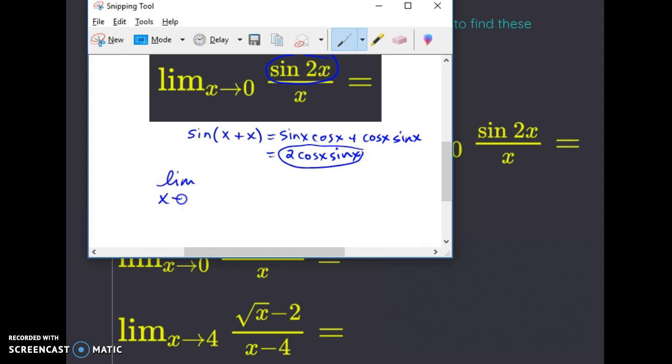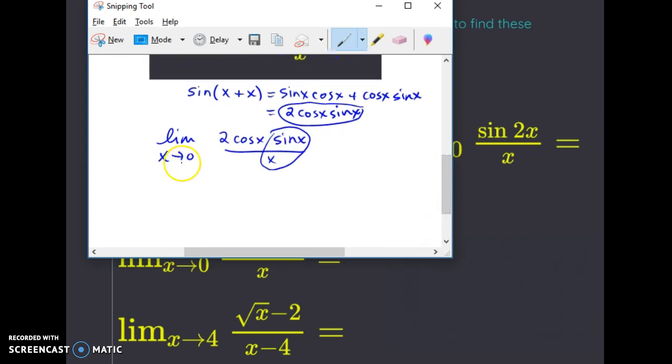I have the limit as x approaches 0 of 2 cosine x sine x over x. And now this part looks like something that we've worked with earlier this lesson. Sine of x over x as x approaches 0 is 1. So I'm going to rewrite this a little bit. I have the limit as x approaches 0 of 2 times cosine of x times sine of x over x.